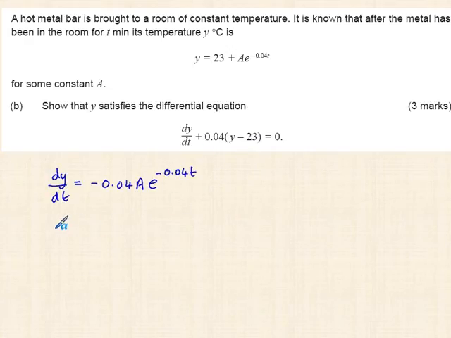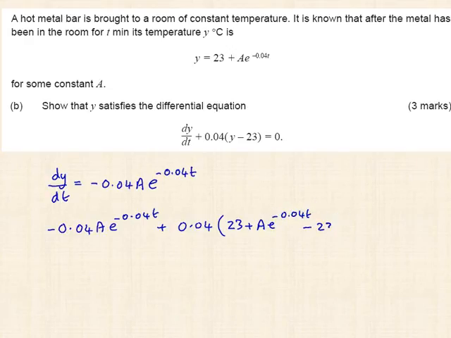Substitute into here and we get negative 0.04 A e to the negative 0.04 t plus 0.04 times 23 plus A e to the negative 0.04 t, take away 23.